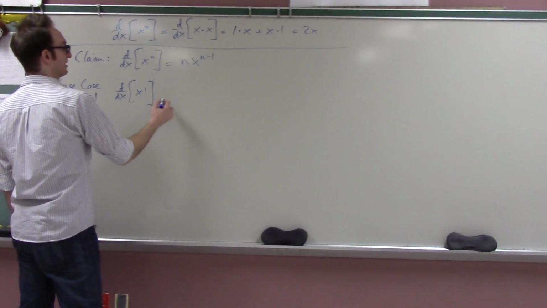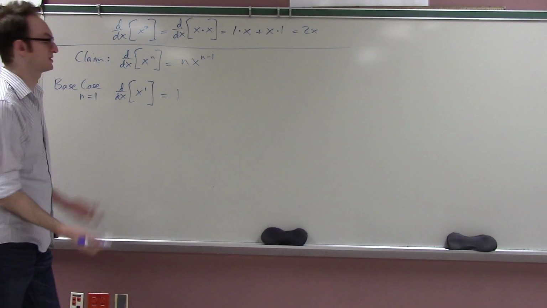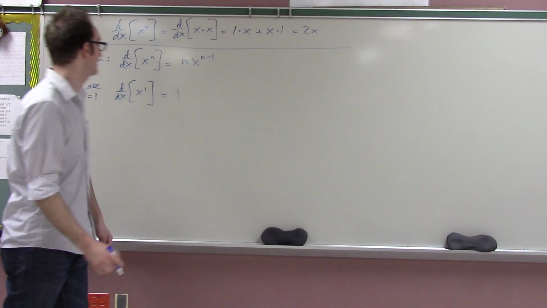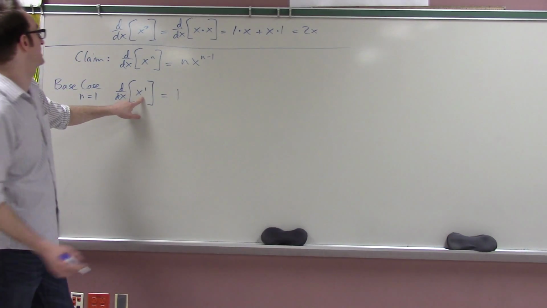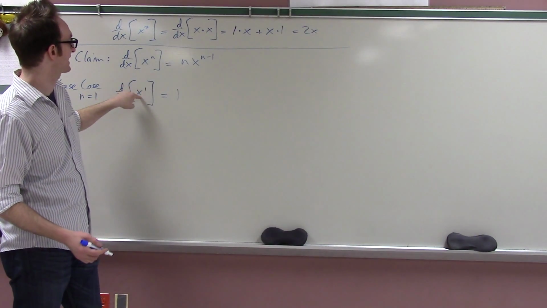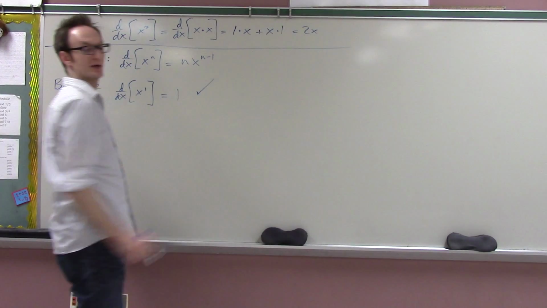Oh yeah, I guess it's just 1, which I suppose I've shown via a limit. I'm going to skip that right now. You can do that yourself. According to the formula, the derivative of x to the 1 should be 1 times x to the 0, which is 1. So everything works and the base case is complete.